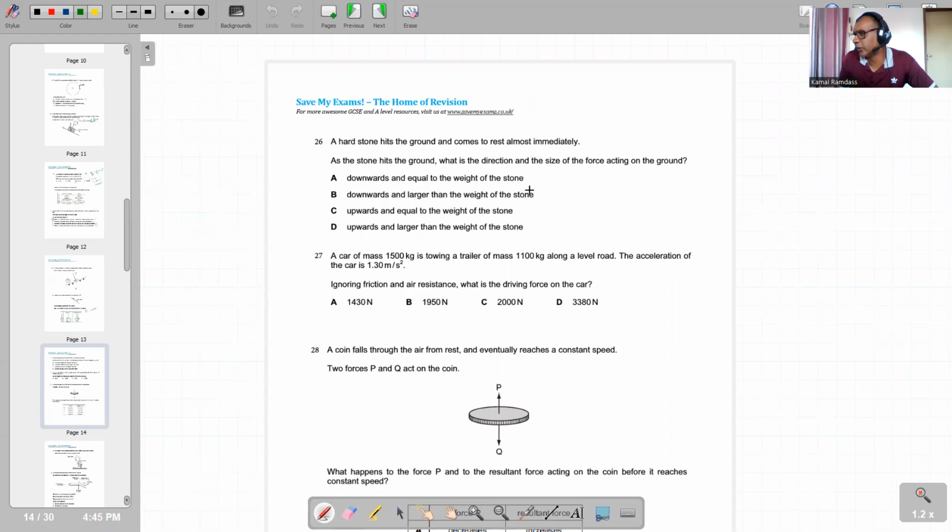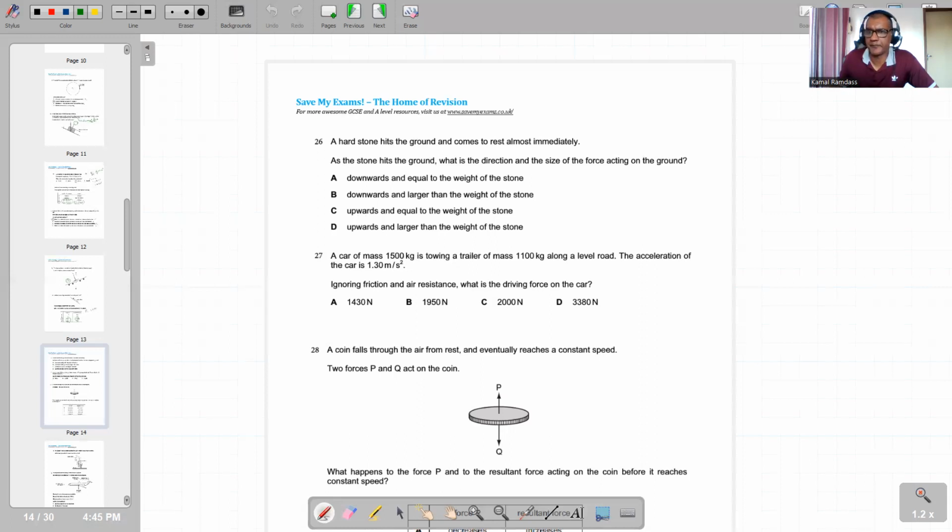Downward and equal to the weight of the stone, downward and larger than the weight of the stone. No. Upwards and equal to the weight of the stone, upwards and larger than the weight of the stone.